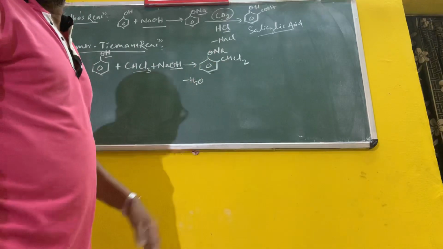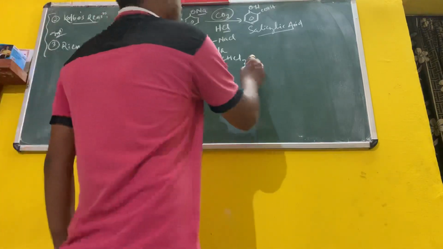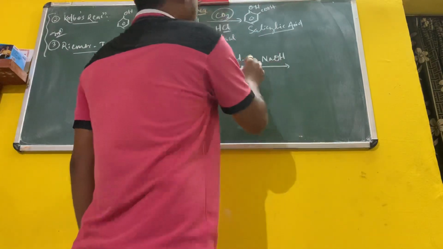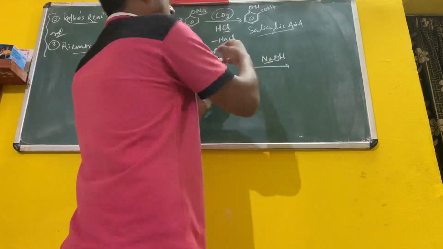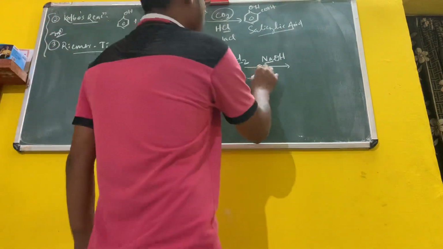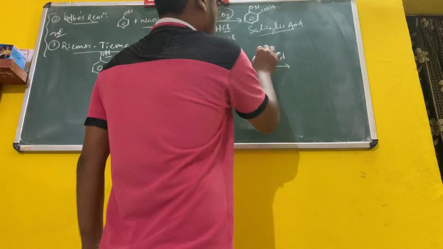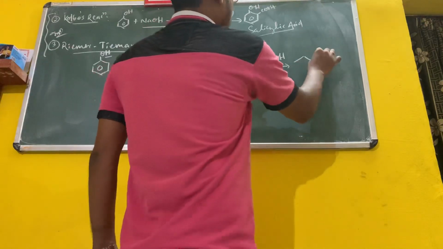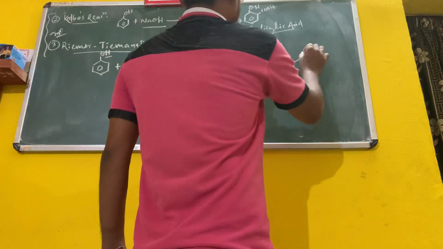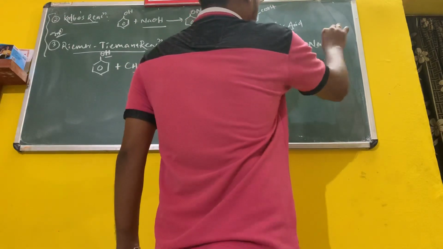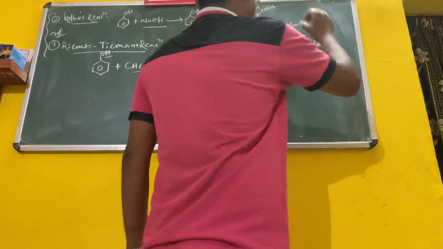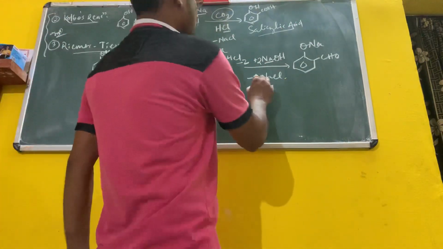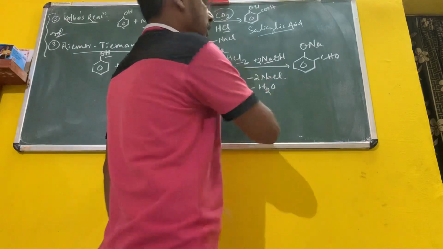Okay. Then again treated with NaOH. Put here again NaOH. Okay, Cl2 Na, NaCl will be replaced, minus 2 NaCl. Then it will form ONa, CHO, okay, one H also replaced.